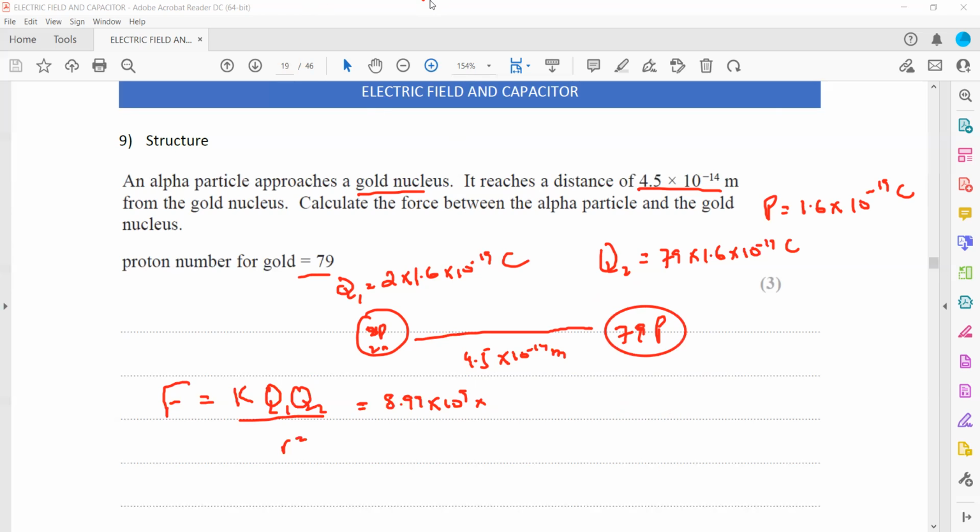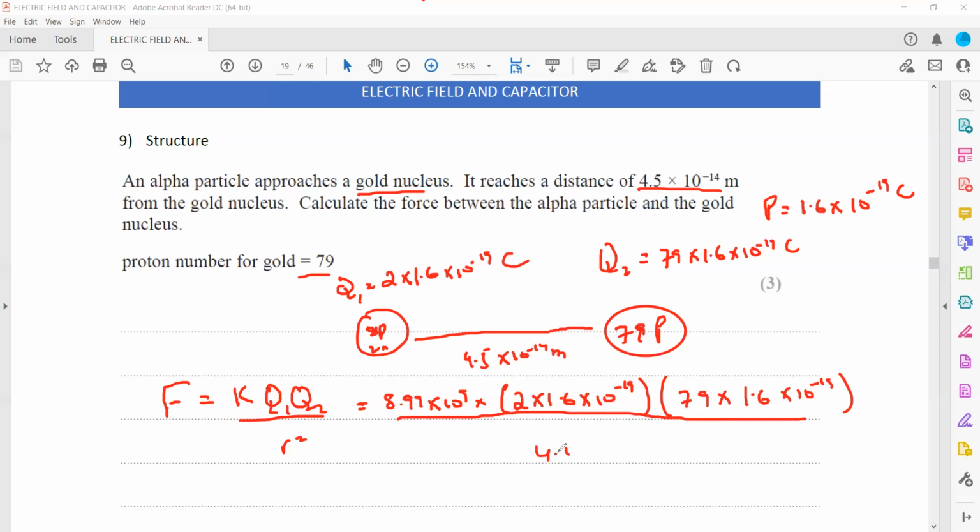So just substitute the values: 2 into 1.6 into 10 power minus 19, 79 into 1.6 into 10 power minus 19, divided by R square, which is 4.5 into 10 power minus 14 squared.